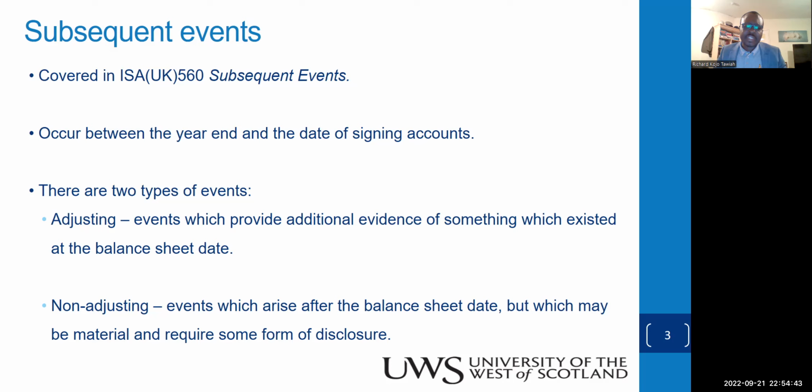But the non-adjusting events are those events which arise after the balance sheet date. Now, they could be very material and significant in nature. We don't have to adjust it. We disclose it. At the end of the day, remember, all that you are doing is to help somebody who will leverage on your report make an informed decision.